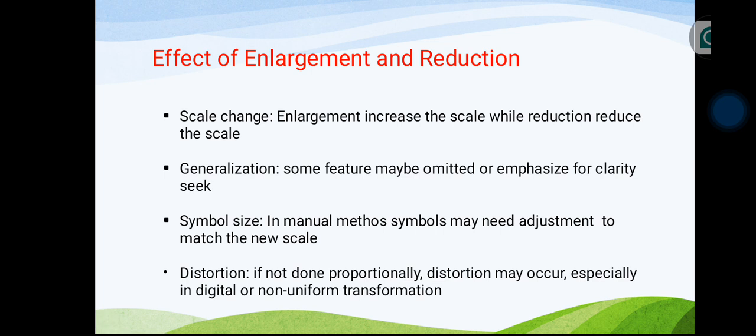Note this, that when you are reducing or enlarging, there are effects to that. One of the effects of enlargement and reduction is scale change. Enlarging increases the scale while reduction reduces the scale. You just note that.